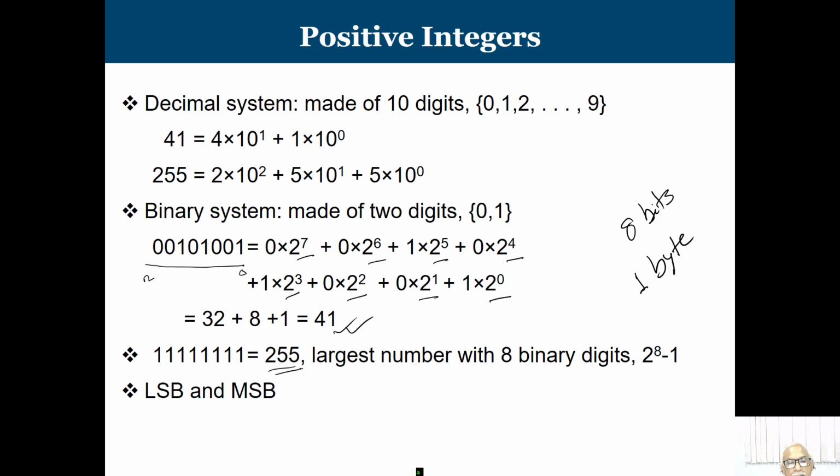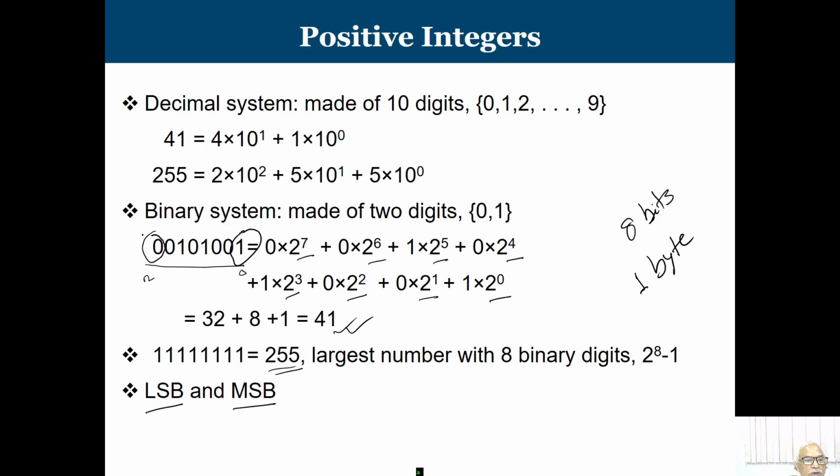Here we have 2 terms called MSB and LSB. LSB means least significant bit, and MSB means most significant bit. In this particular number, this position with 1 will be the LSB position, and this 0 is in the MSB position.